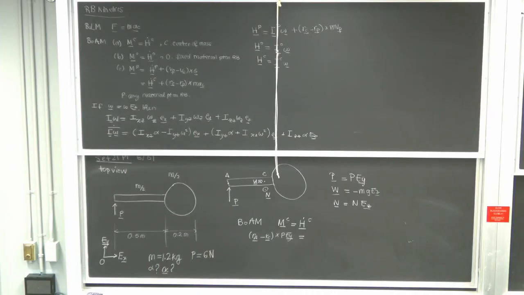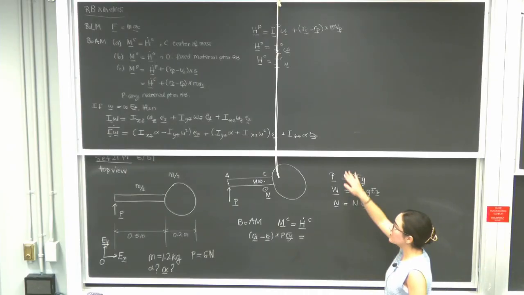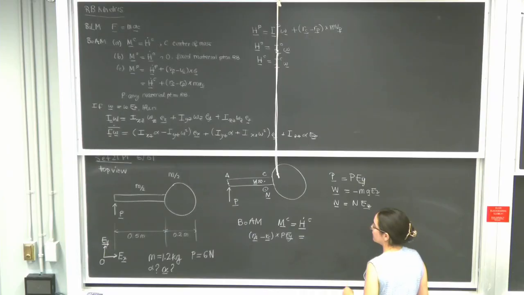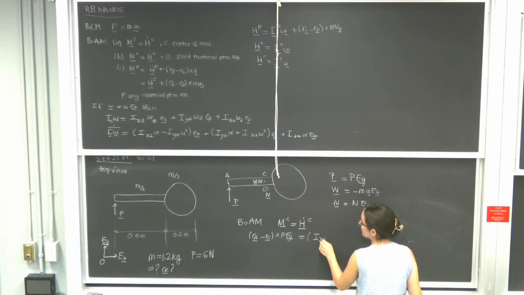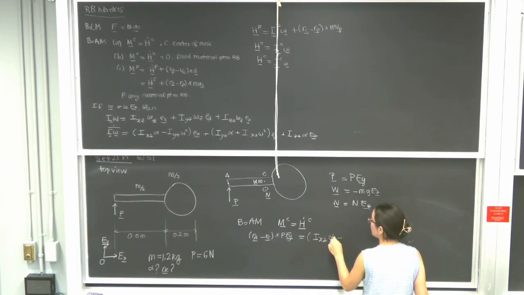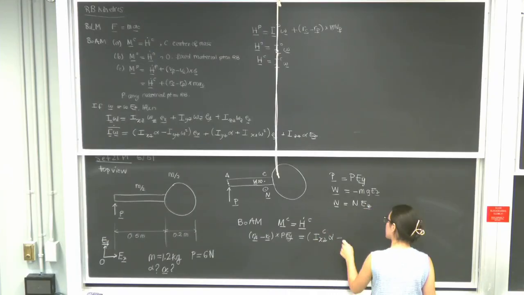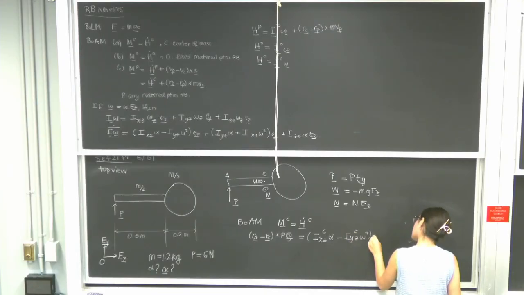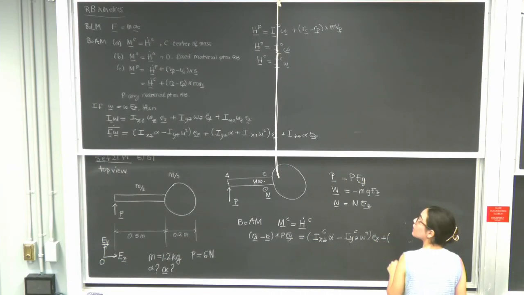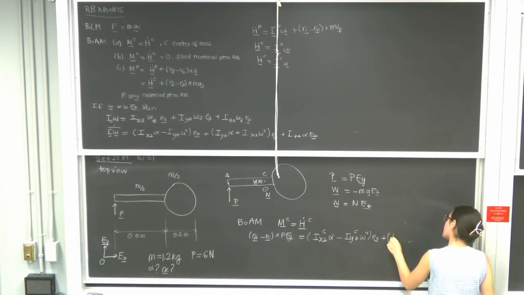I think that's it. Okay, and H dot C, then it's this expression here. I x z alpha, here it's about the center of mass, minus I y z c omega squared plus I c.